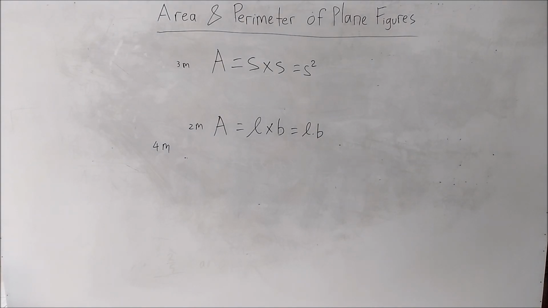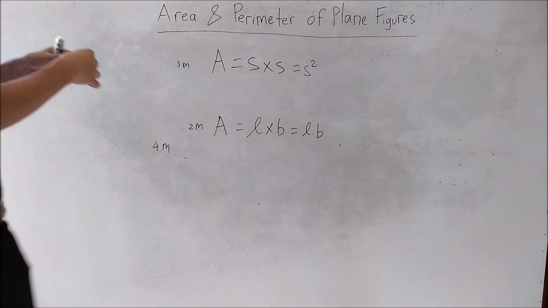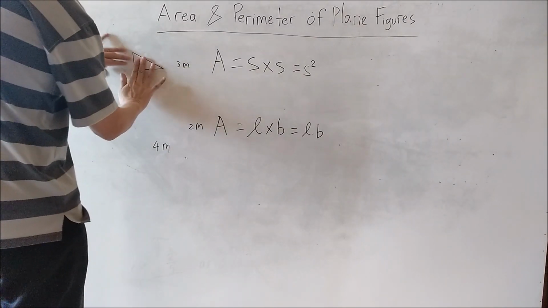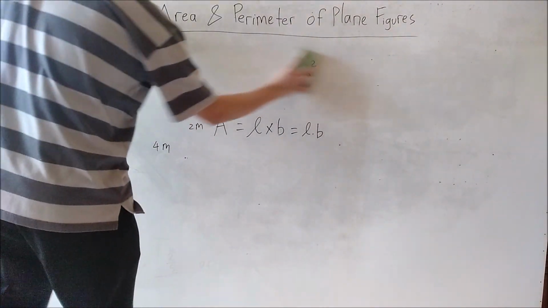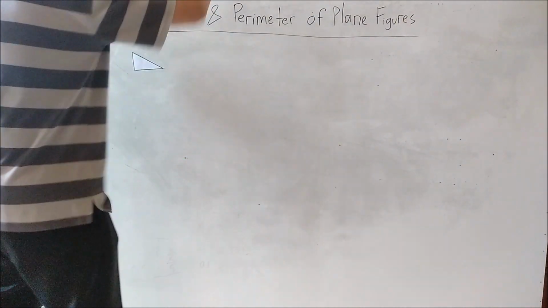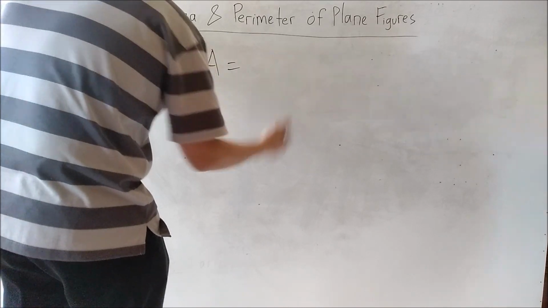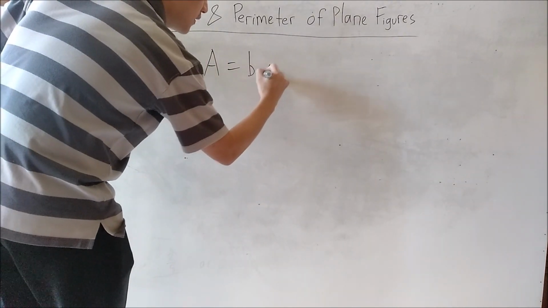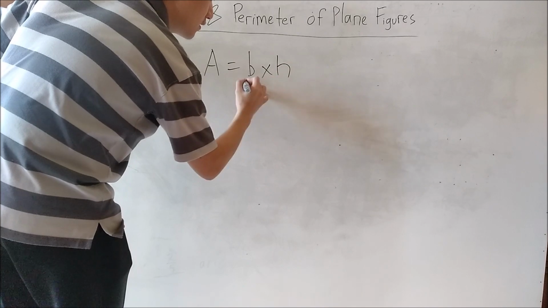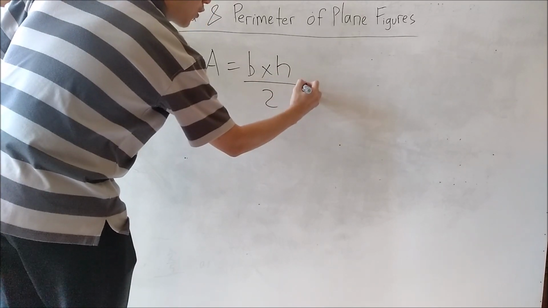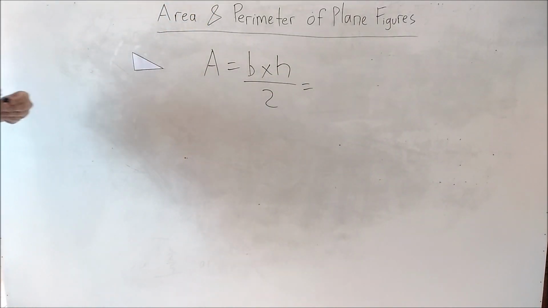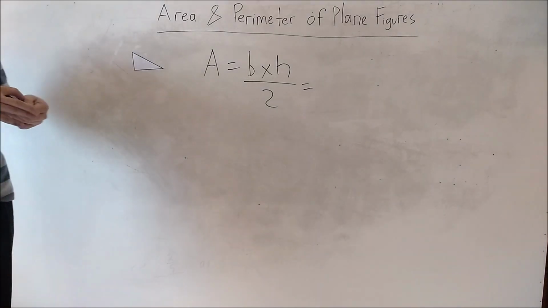Next figure, we will have a triangle. How can a triangle get, you know, the area of the triangle is base times height divided by 2, or base times height times half, which is the same as divide by 2.